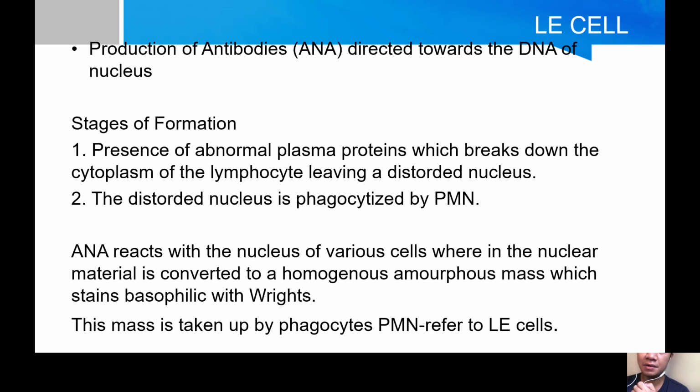What triggers the phagocytosis would be another anti-nuclear antibody, the anti-DNP, anti-deoxynucleoprotein. So the anti-DNP is an anti-nuclear antibody which triggers the LE cell formation. So this is a phagocytic cell, the neutrophil.